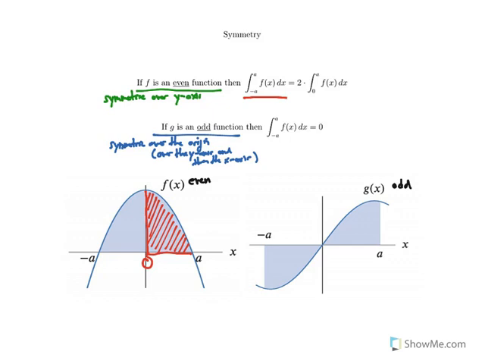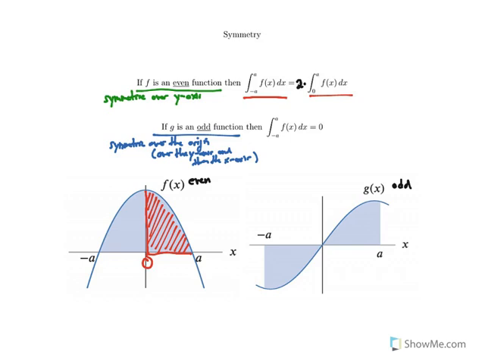Because we know that the area is going to be the same on the left and the right of the y-axis because it's a symmetric function. It's even, it's symmetric over the y-axis. So instead, we can just do 2 times the integral from 0 to a of f of x dx. And that might be a very useful thing because when we're doing the fundamental theorem of calculus, plugging in a and negative a may be time consuming. We can quicken it up by plugging in a nice value of 0.